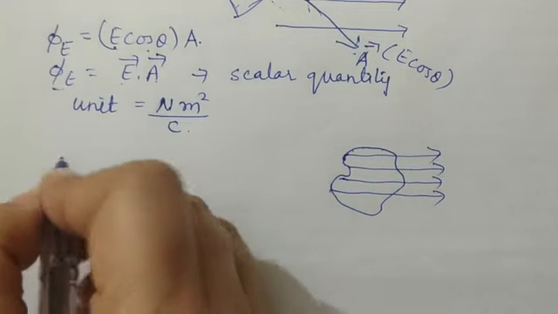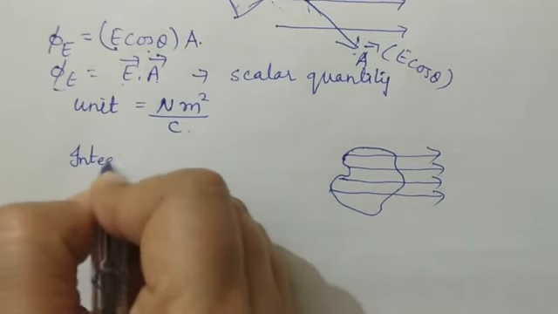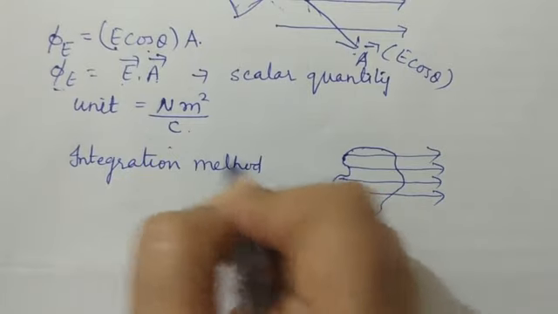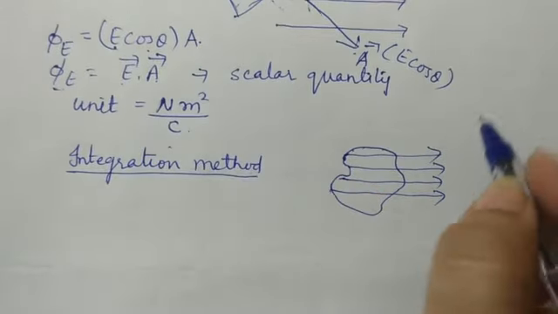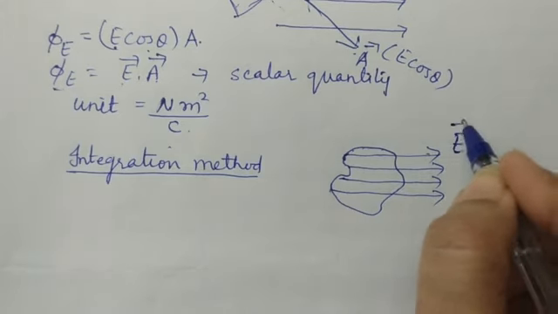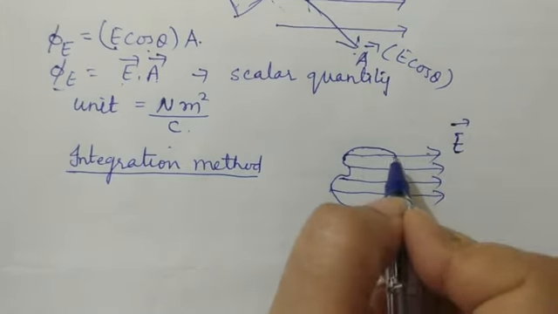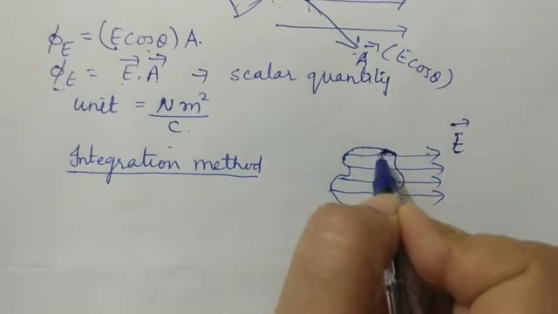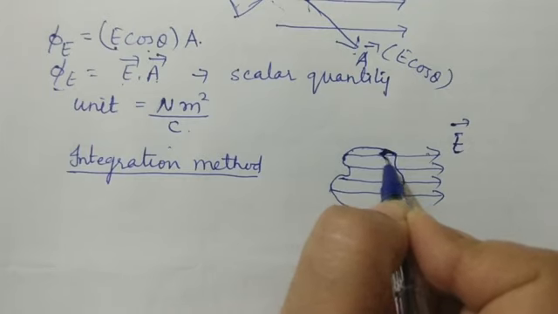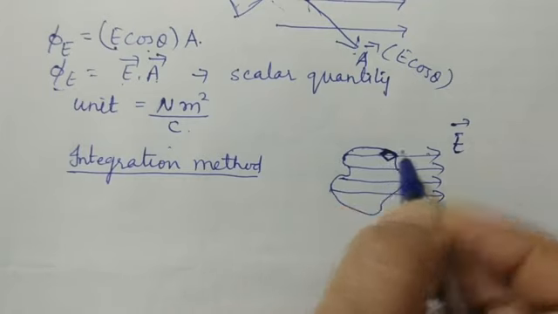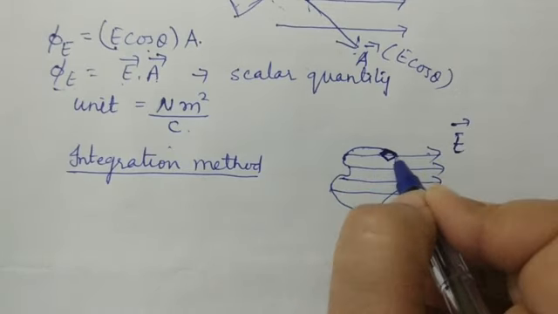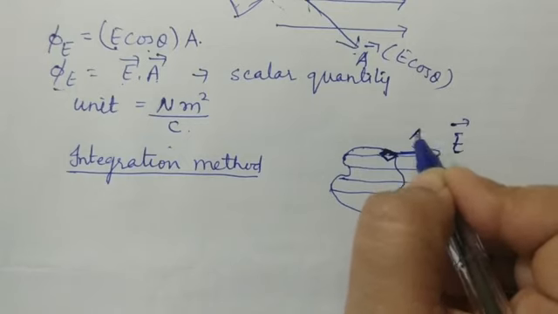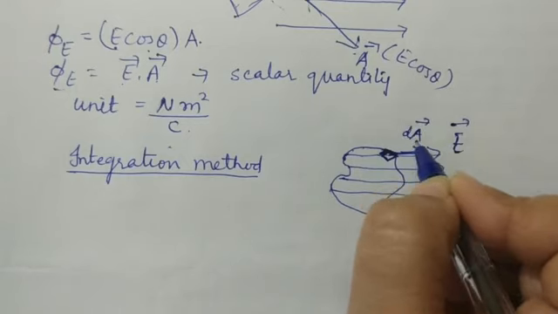For this we use the integration method. How do we use the integration method? This is the electric field. These lines are passing through it. We'll take a small portion of area. Suppose I take a rectangular or a spherical shape whose area we can calculate easily. Suppose I take this much area and its area vector is in a direction, say called dA.